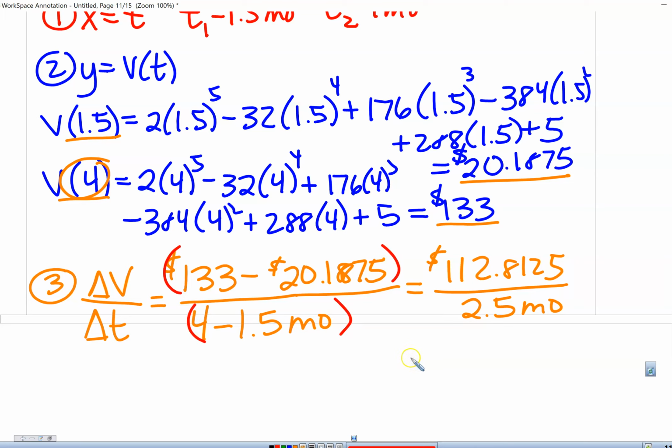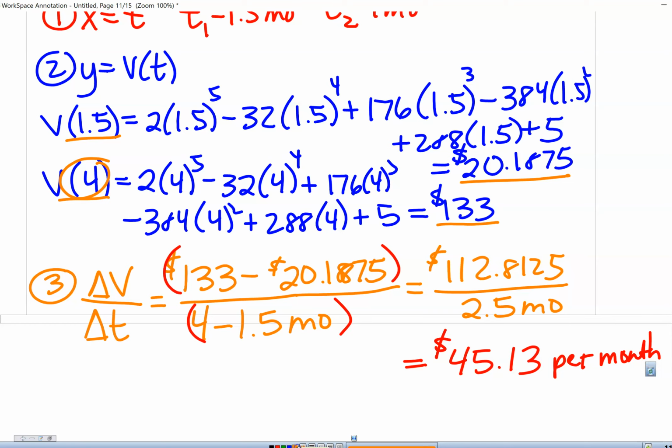All right, and then dividing, we are looking at 45.13. Now here, we should know that rounding would be to the hundredths place. That's our pennies right there, and that this would be dollars, and this would then be per month for our units.